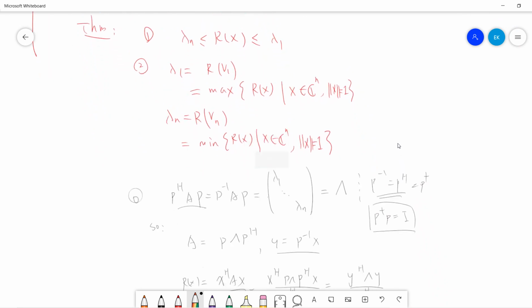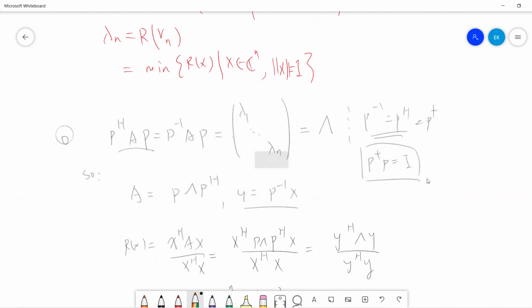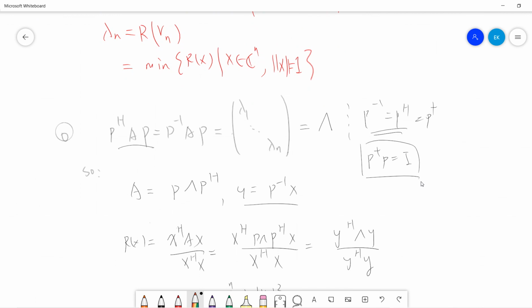The idea of the proof is very important. If you don't know it, I will leave another video below. Basically, there's a fact that you must remember: if A is Hermitian, then A is diagonalizable, and moreover, this diagonalization can be chosen to be unitary.